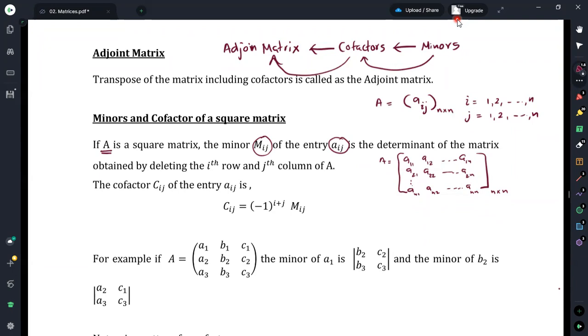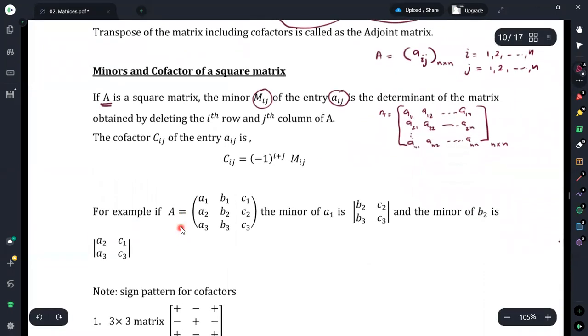If I explain it using a 3 by 3 matrix, it is written in this way. Here we can see matrix A is given as A1 B1 C1, A2 B2 C2, A3 B3 C3. Since we have 9 elements, there should be 9 minors for this matrix.